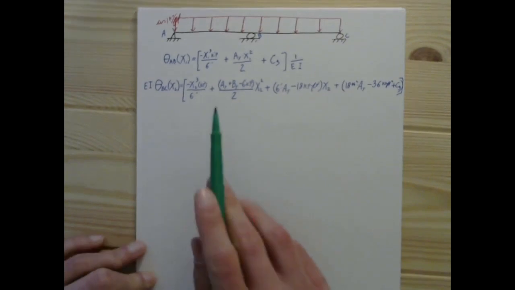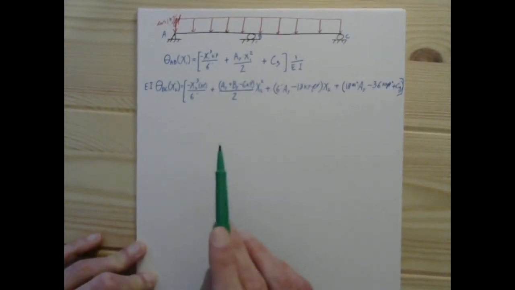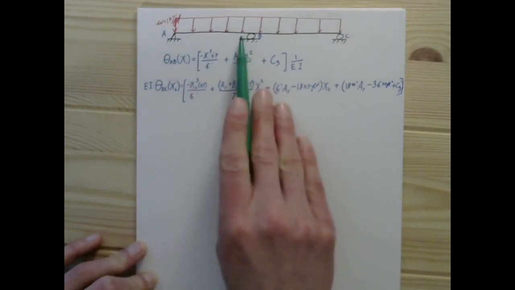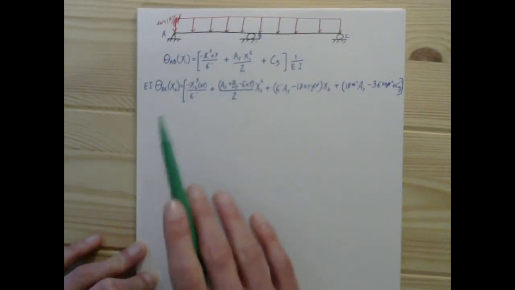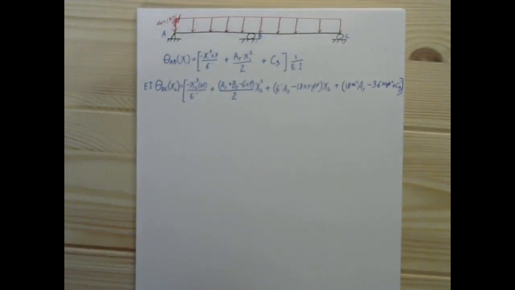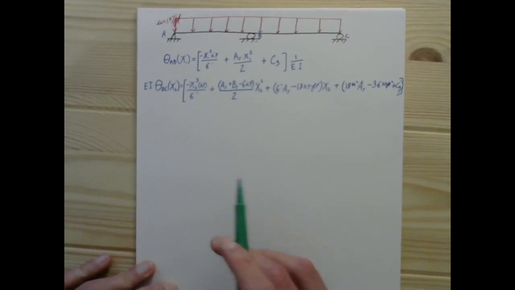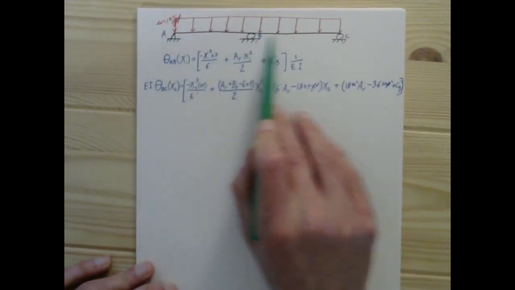We've established these as our equations for the rotation of the beam from A to B and from B to C, respectively. And so when we want to know the deflections, that's really where we can get a lot of things figured out, because that's where these boundary conditions are.